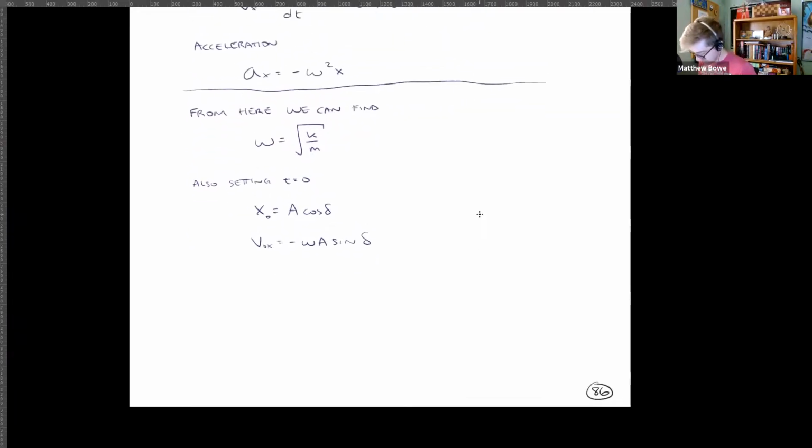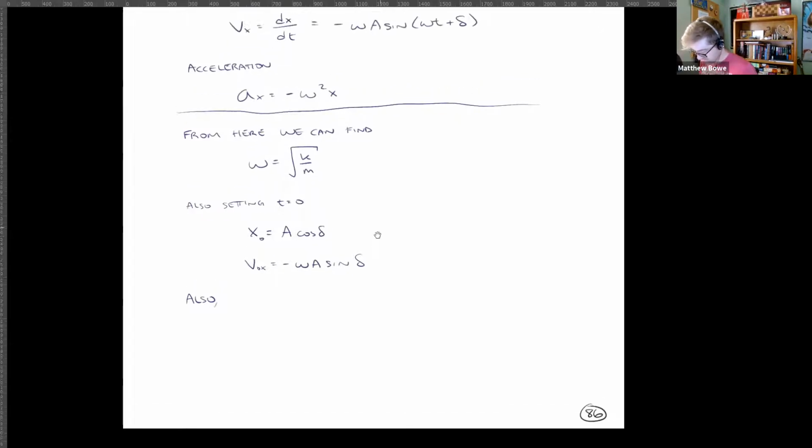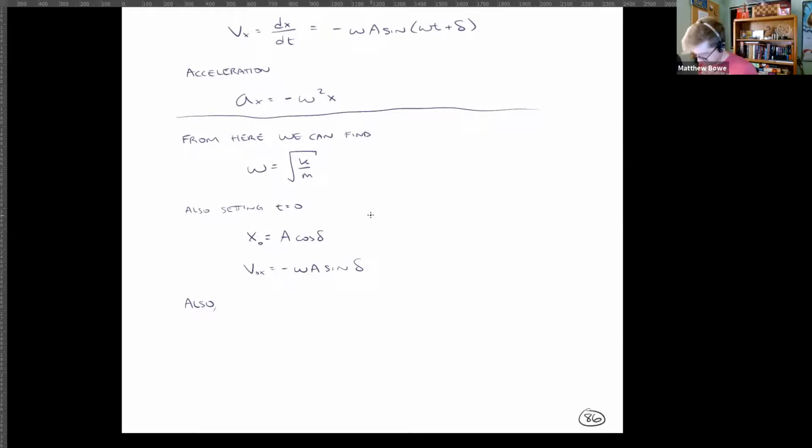And what else? Just have another also. We can use the initial and final to get this new function for the position.